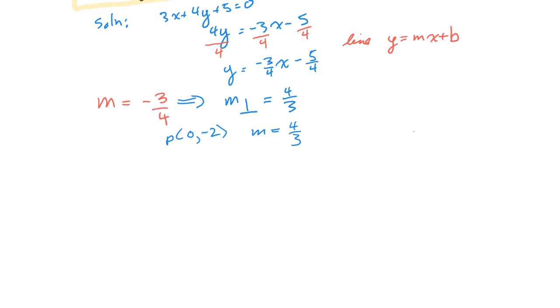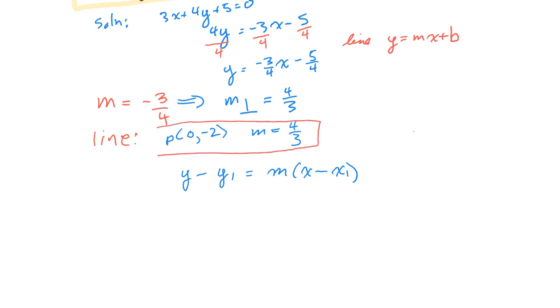So we have y minus y1 is equal to m times x minus x1. We need the line for these points and this slope. So we're going to call this x1, y1, and then there's our m, and we substitute that into our equation.